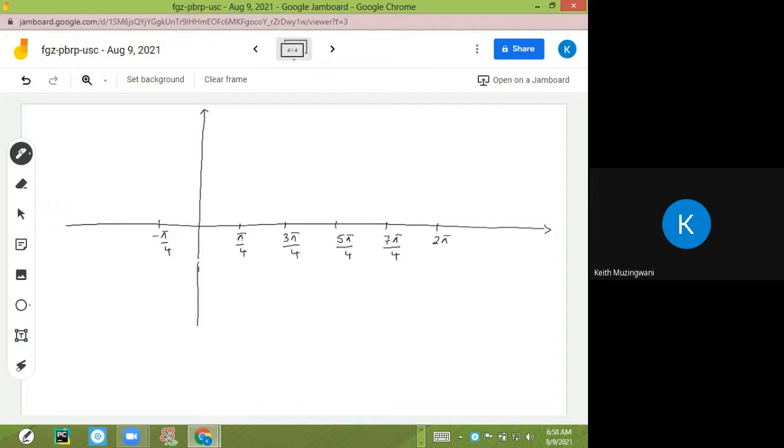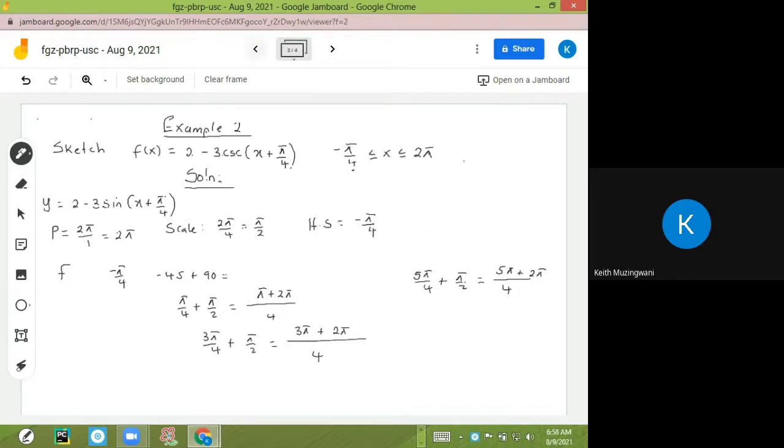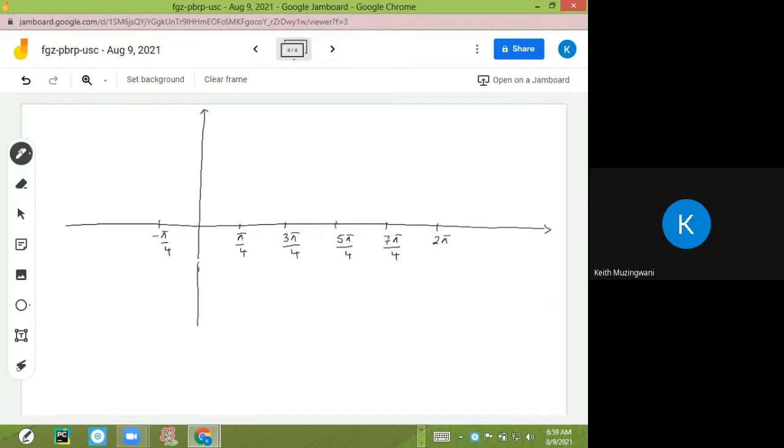Then we're now looking for the y coordinates, so we can start doing the calculations. Our function f of x in terms of sine is 2 minus 3 sine of x plus pi/4. What happens when x is -pi/4?